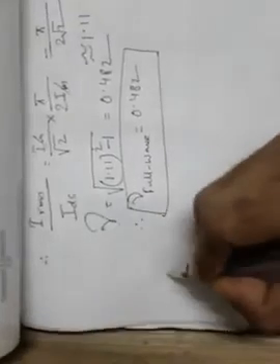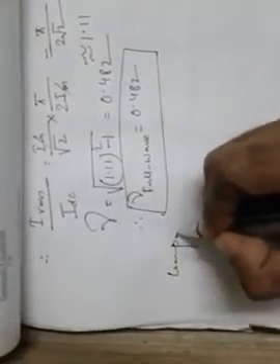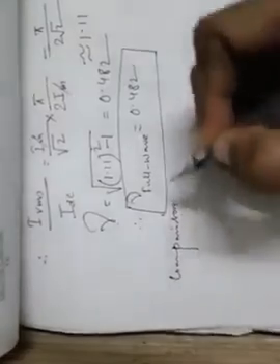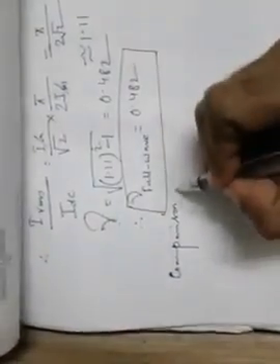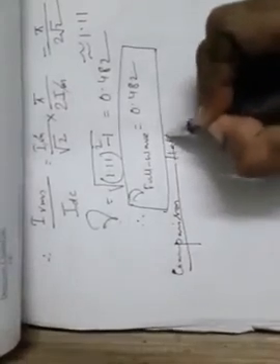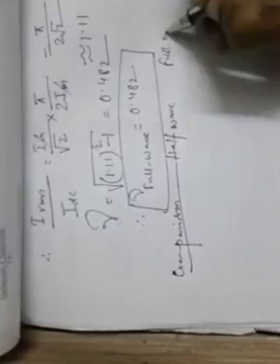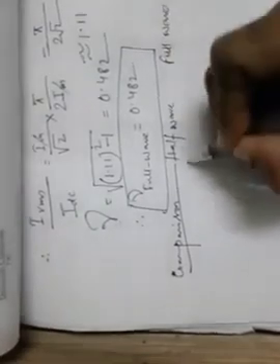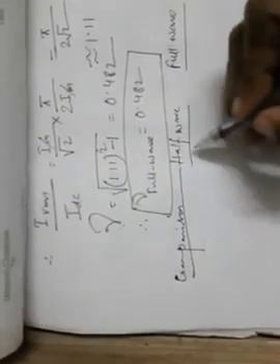So let us have a comparison of what we have derived till now between the half wave and full wave rectifier. We have seen that IDC or VDC for a full wave rectifier is twice that of half wave rectifier.